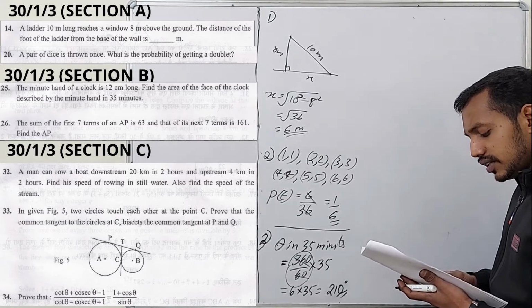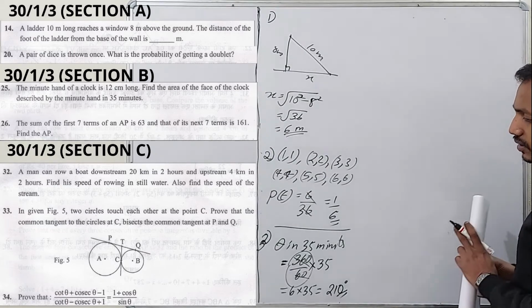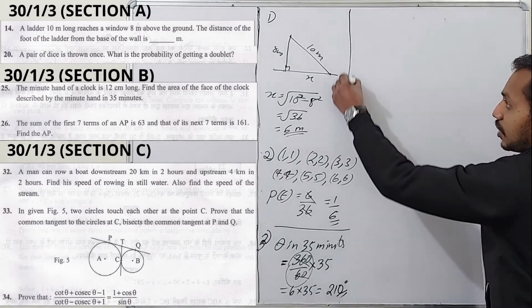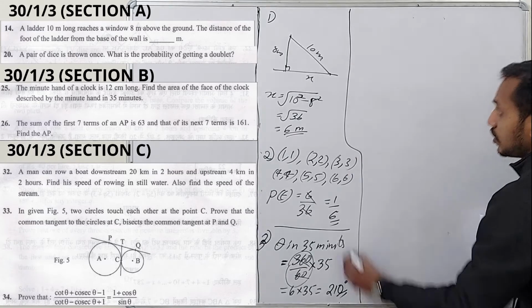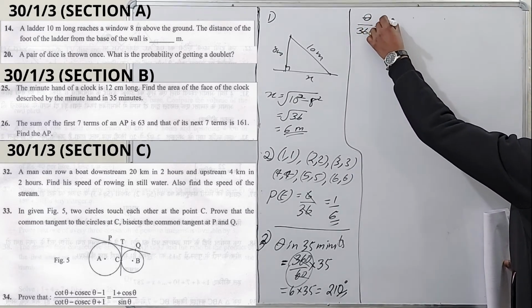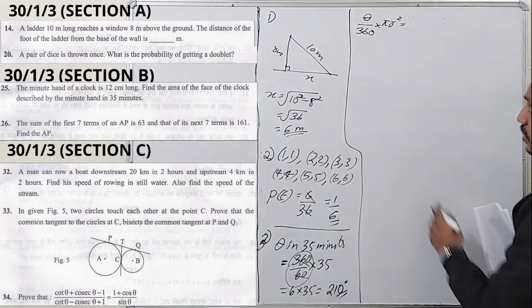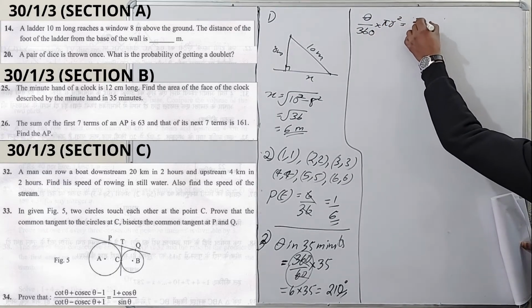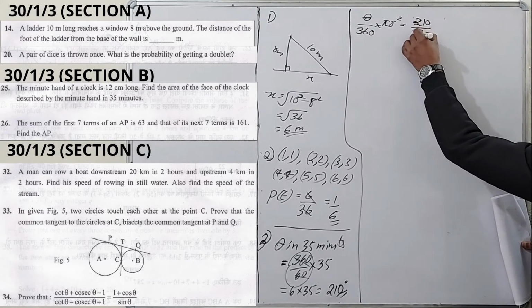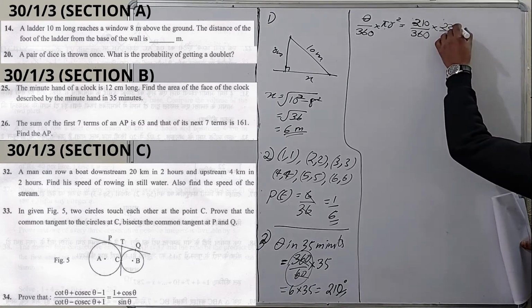What is the question? Find the area of the face of the clock described by the minute hand in 35 minutes. So the area of the sector we have to find. Clear? How to find the area of the sector? Theta by 360 into pi r square. Am I right? That is equal to theta is 210 by 360 into pi is 22 by 7 into what is the radius?